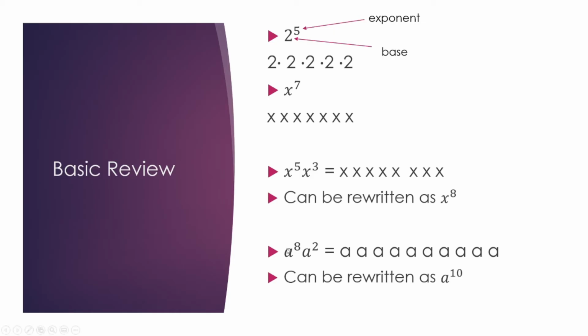Now, why does this work? Where does this 10 come from? If we look, we have 8 and 2, and 8 plus 2 makes 10. Just like here, we had 5 and 3, and 5 plus 3 makes 8. So this is the basis of where this rule comes from.